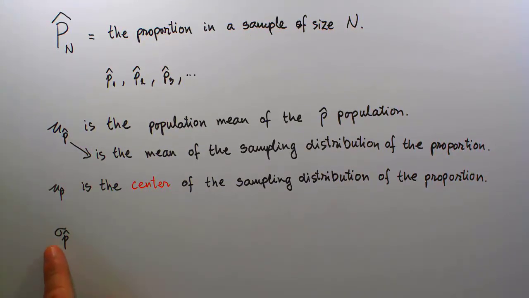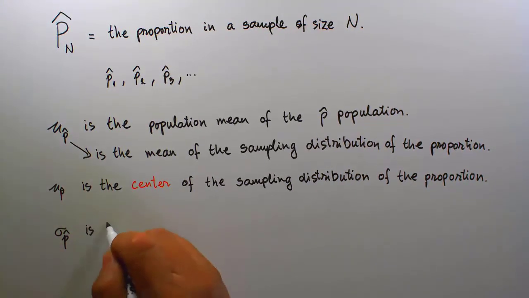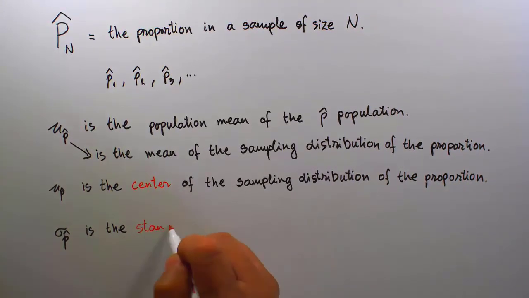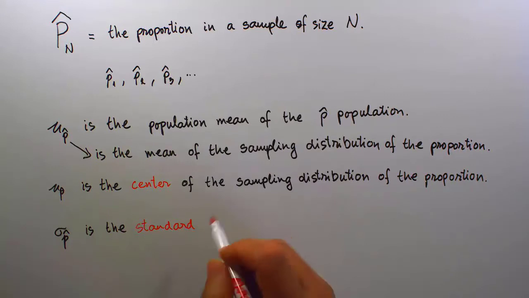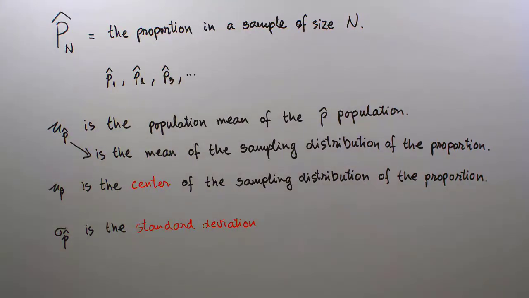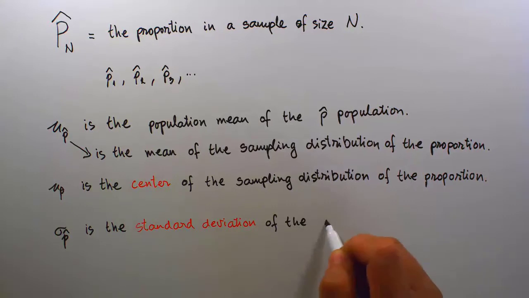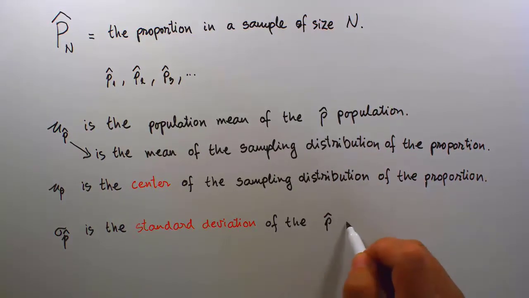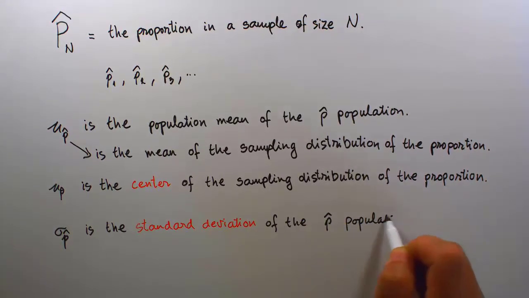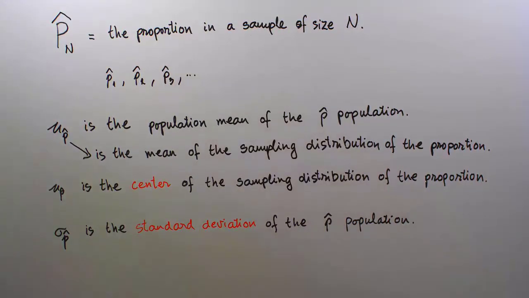So formally, as a name, sigma p hat is the standard deviation of the p hats population at any given sample size.